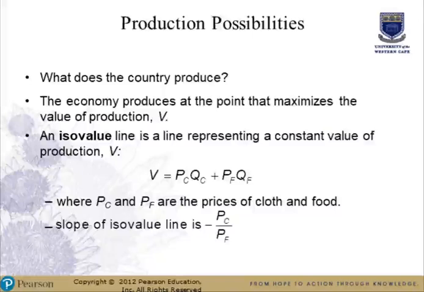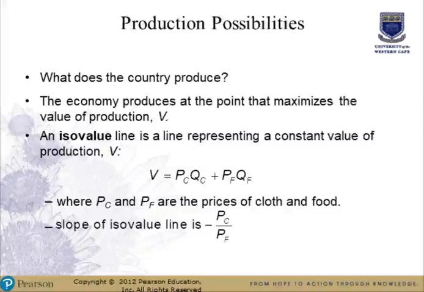Given a production possibility curve that is bowed outward, we need to locate a point along the curve where the economy produces both cloth and food. The specific choice of a point of production depends on the prices. However, whatever point the economy produces on, the point should maximize the value of production.